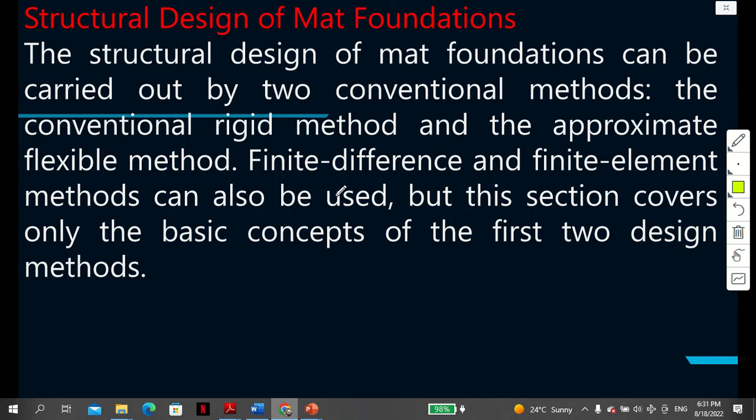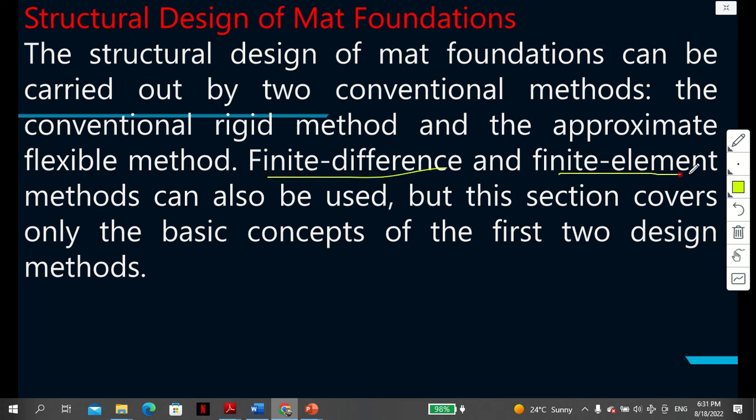So the structural design of mat foundations. This is important for engineers. The structural design of mat foundation can be carried out by conventional methods. The conventional rigid method and approximate flexible method, and you can also use finite difference and finite element methods. But what we are going to do here is just the basic concepts and some hand calculation.